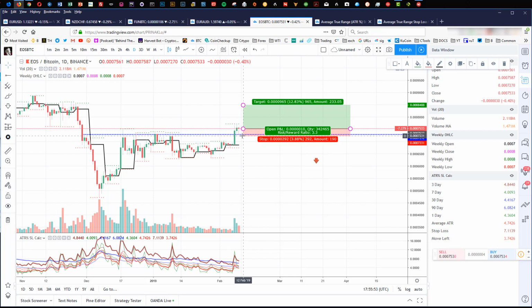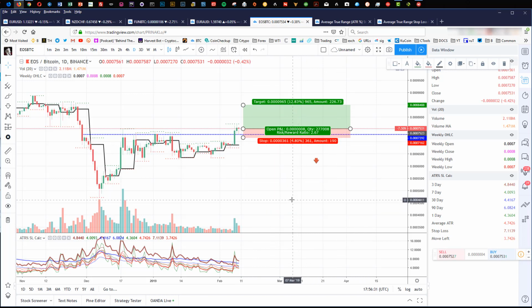What I've done here is, instead of using the calculation of average true range times 1.5, we're just going to use the ATR as calculated and averaged as our stop loss. You'll see that puts us right where the last rejection was for this day. So that's still a key level, and if that breaks, we would say that our trade might be invalidated.